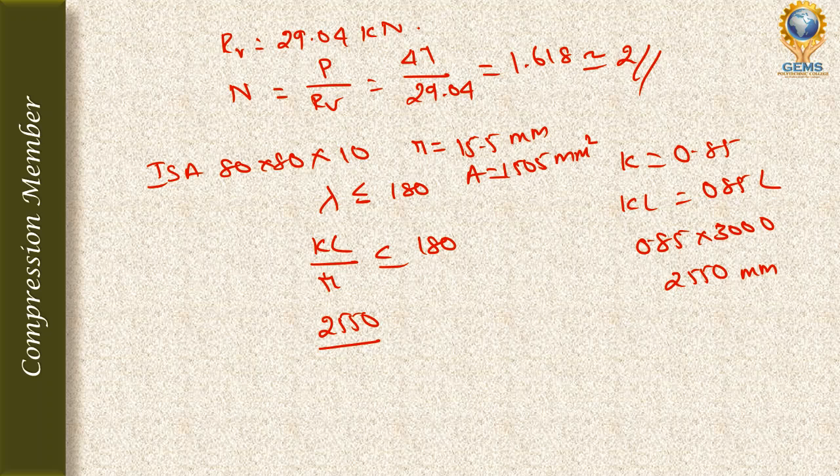The KL by r value should be less than or equal to 180. Our value is 164.516, which is less than 180. So our section is safe against the slenderness ratio.